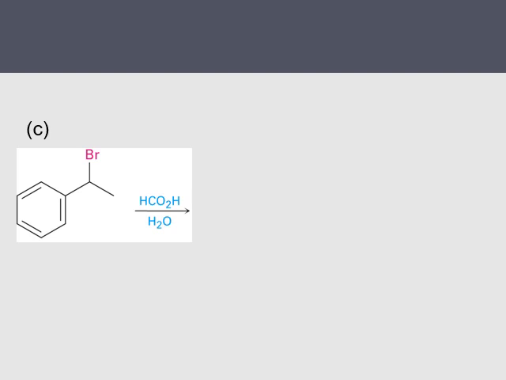In this question, again the substrate is secondary. And here is a very weak base, very weak nucleophile. In fact, it's a carboxylic acid. So it's a very weak base or nucleophile, and therefore it cannot participate in SN2 or E2. They cannot happen. So the only things that can happen are SN1 or E1.